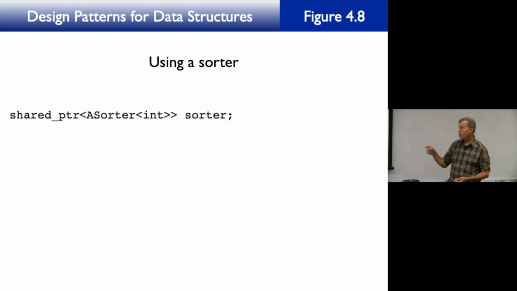First of all, you have an object called a sorter. All right? And A sorter is the name of the class, the abstract sorter. Okay? And so that's a pointer to an abstract sorter.